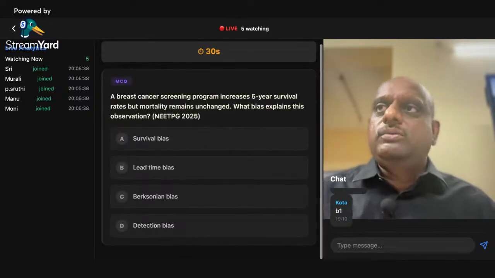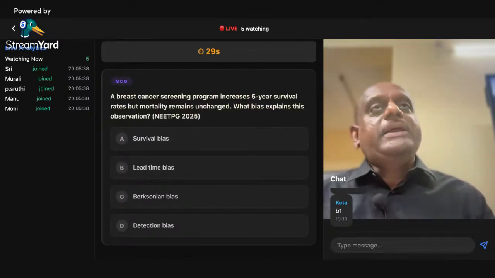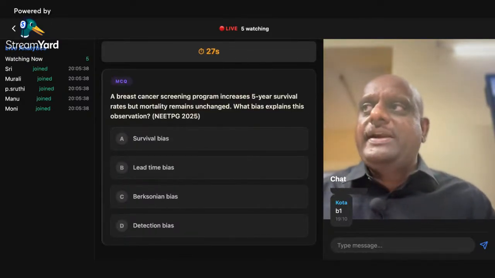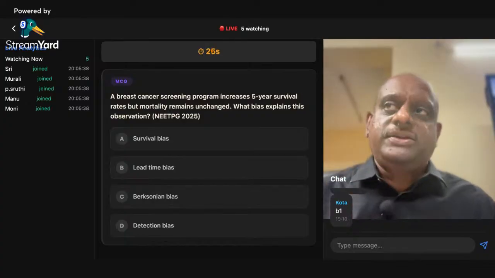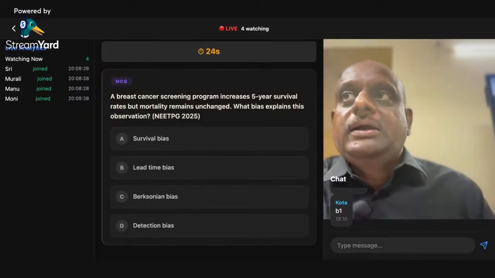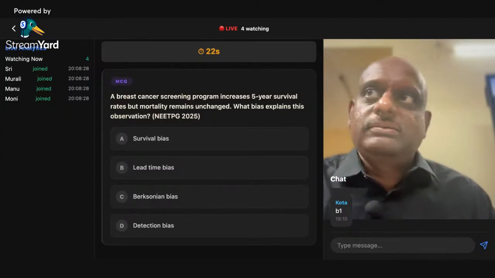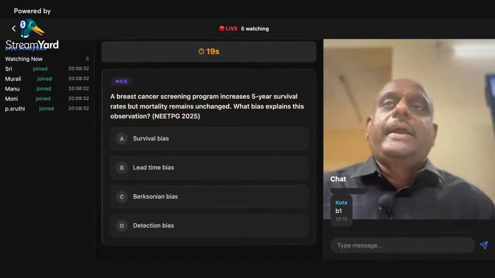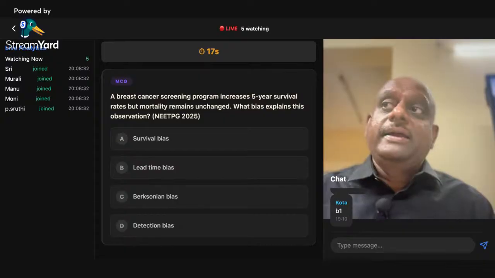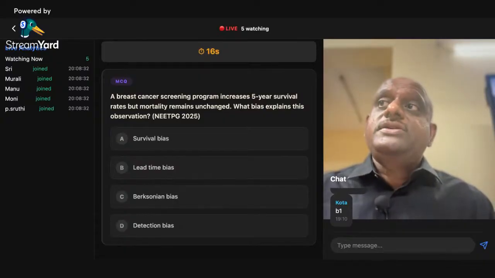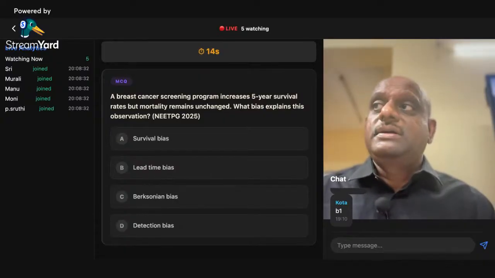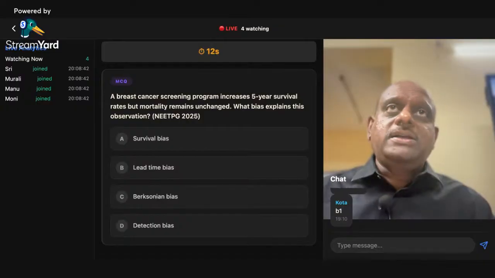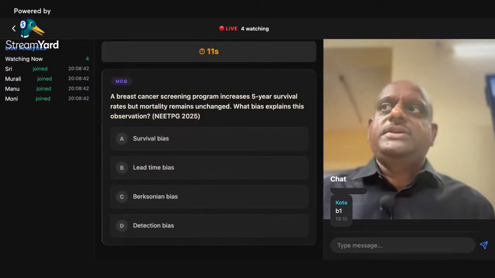Now, in a breast cancer screening, 5-year survival rates increase, but mortality remains unchanged. Which bias? Because of the cancer screening, 5-year survival increased, but dying because of the cancer is unchanged.